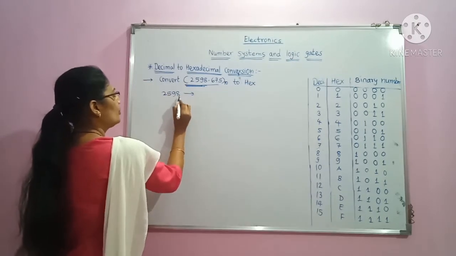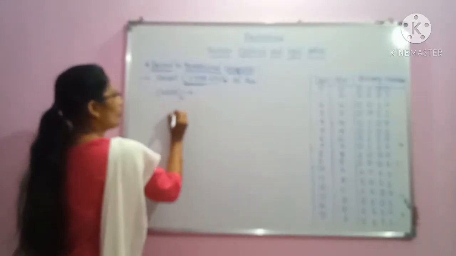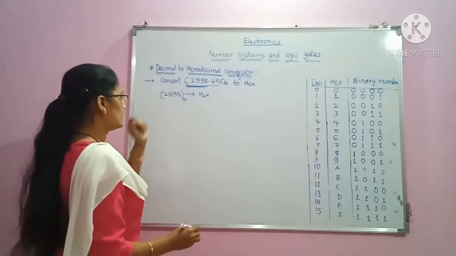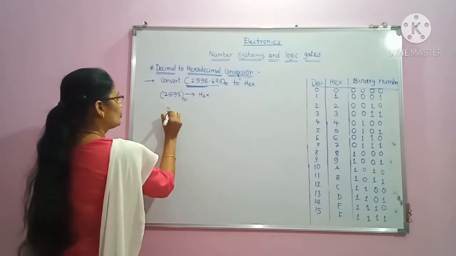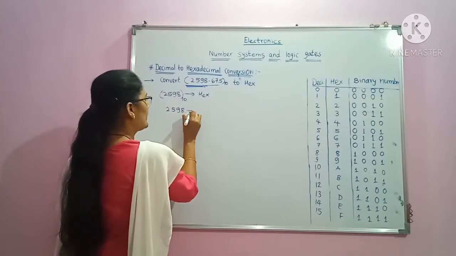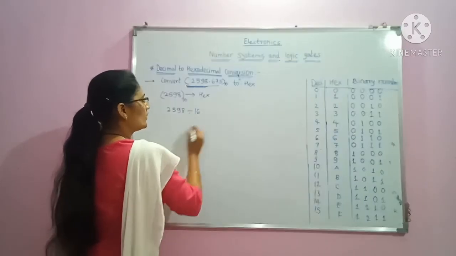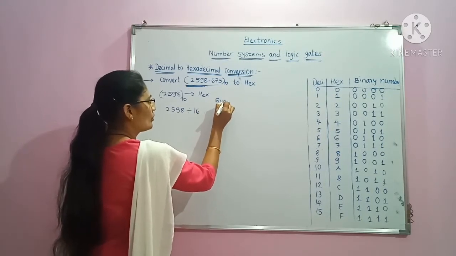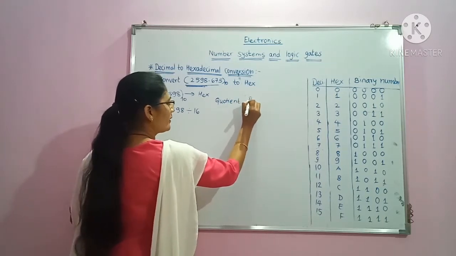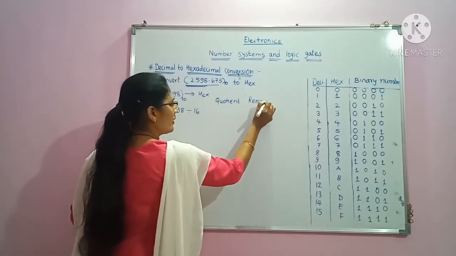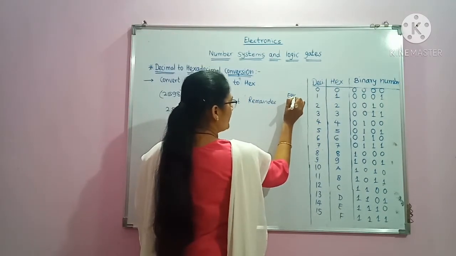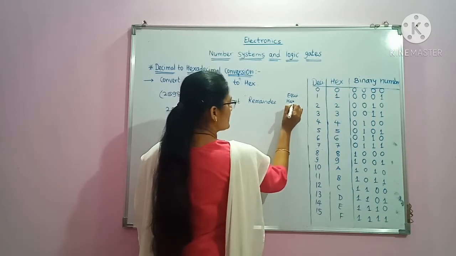2598, which is in decimal form, to hexadecimal. So in order to do this, you have to take the number 2598, then divide it by 16, then you will obtain a quotient and remainder, and here you can have the equivalent hex number.